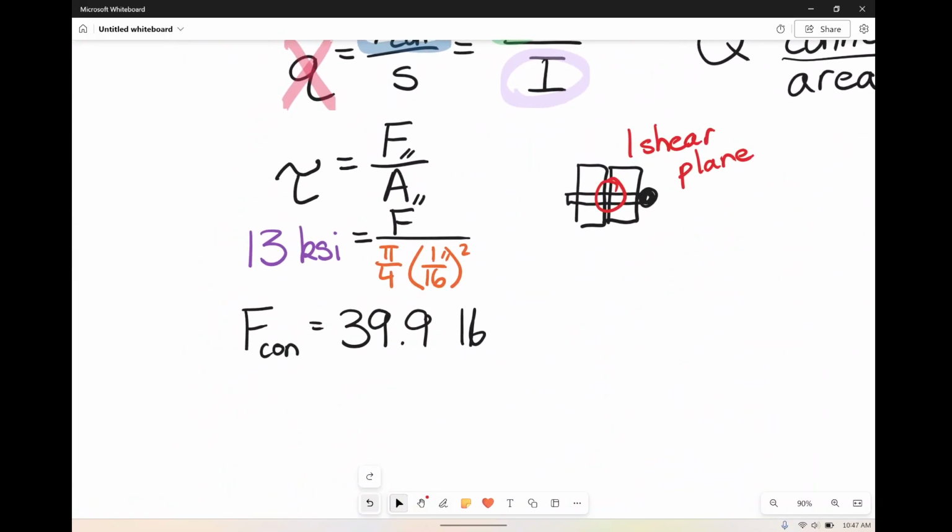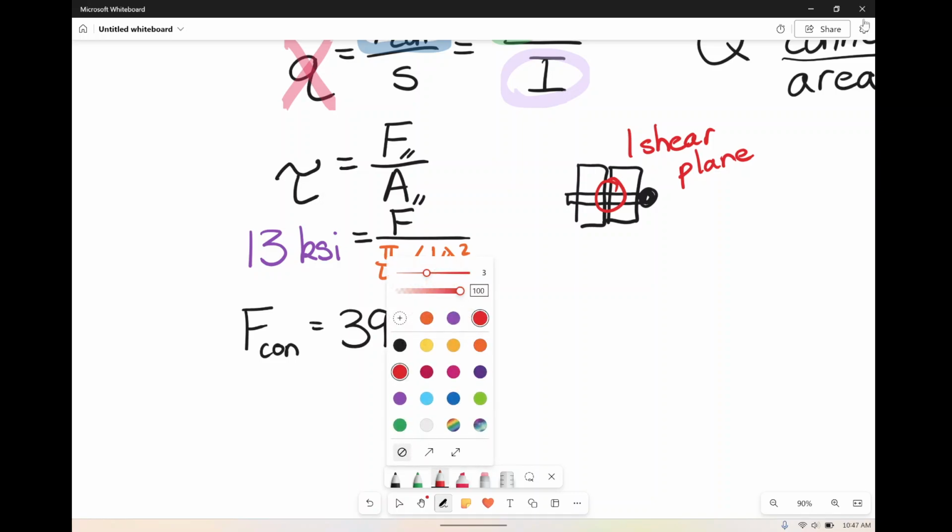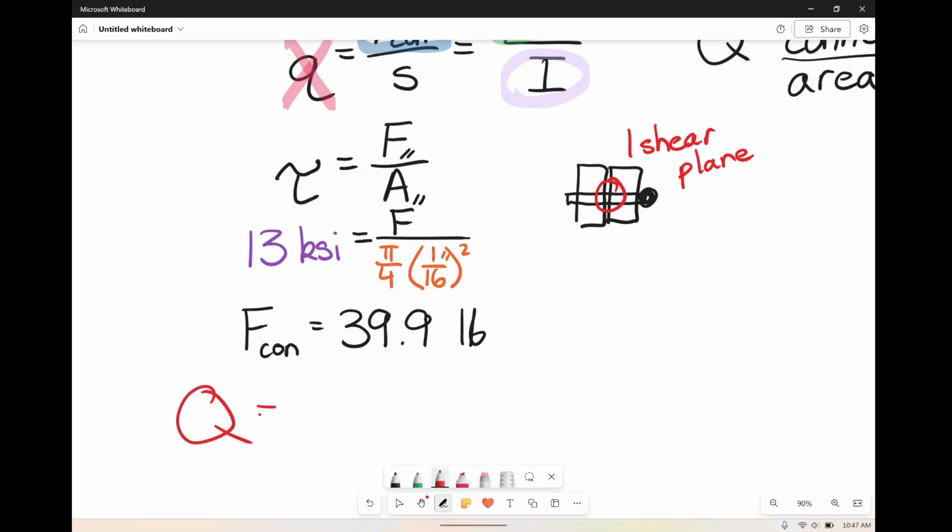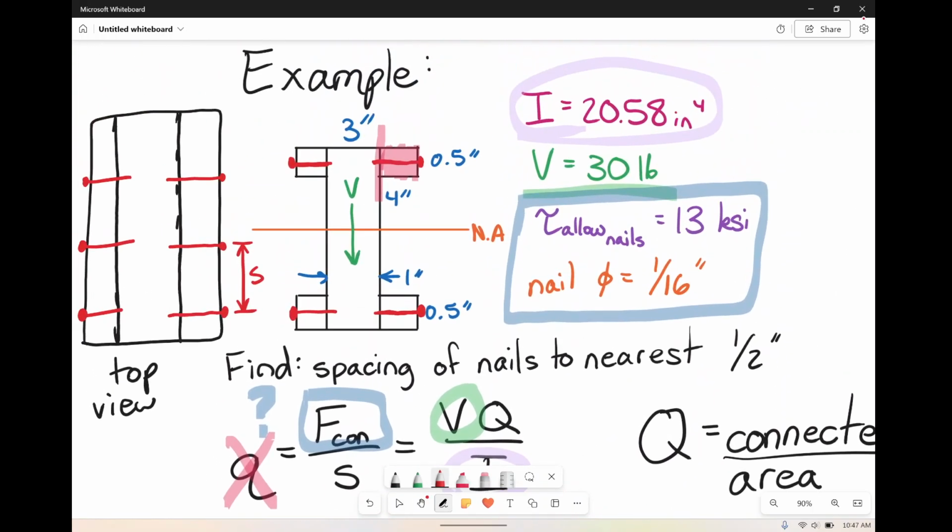Okay, so to find Q, I guess we'll continue to do it in red here. To find Q, I'm going to need that area prime times, of course, y bar prime. So our area prime is simply this area. And y bar prime is going to go from the center of this area down to the neutral axis.